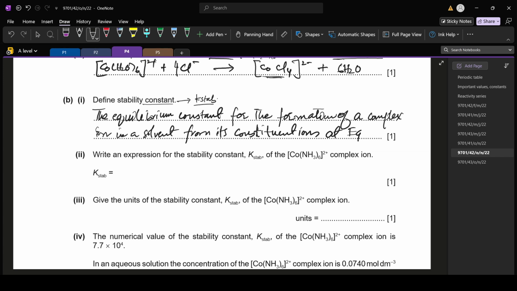So this is your full definition of the K stability.